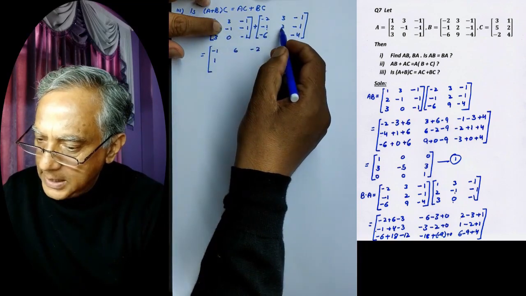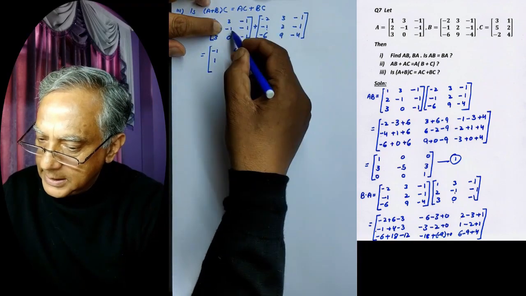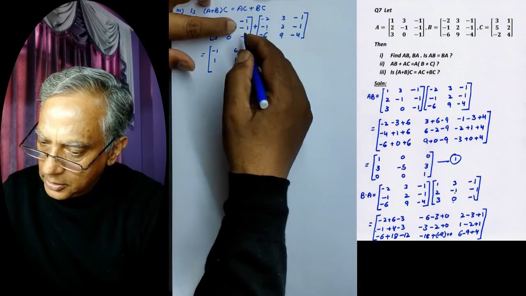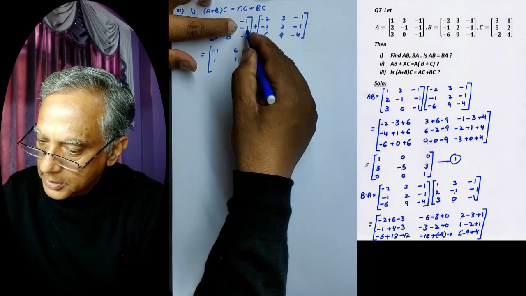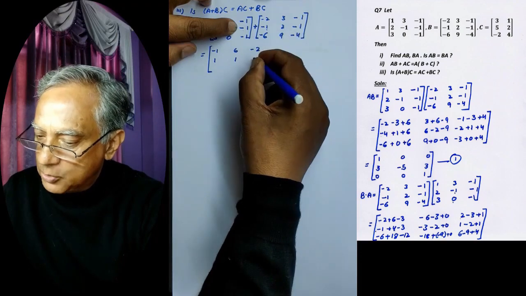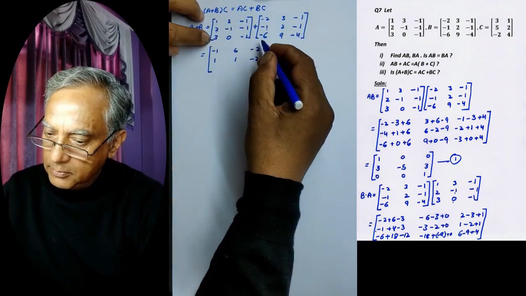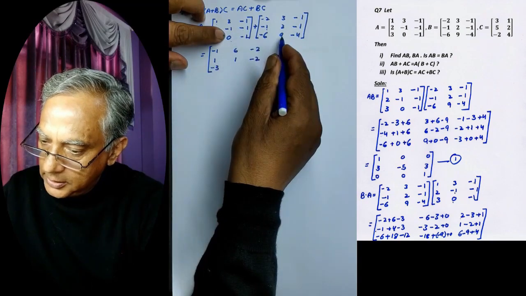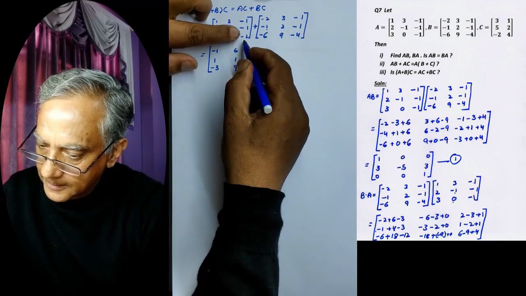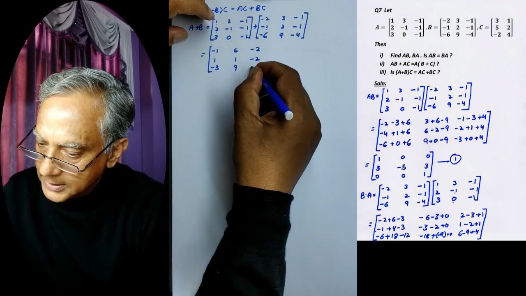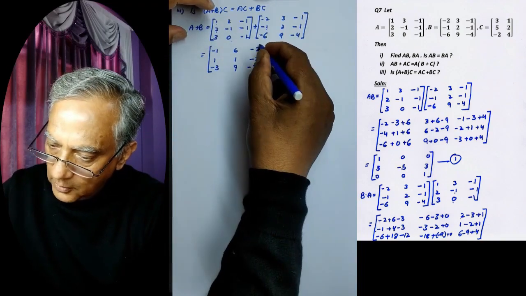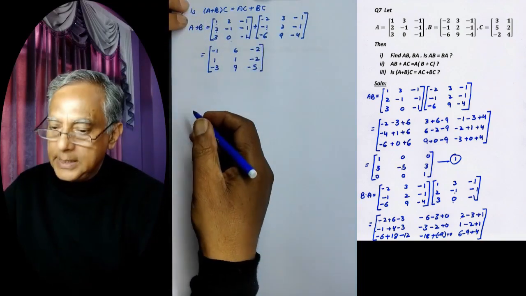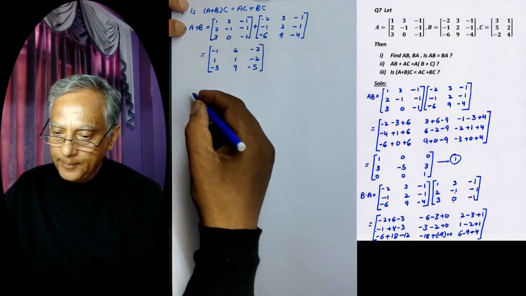Now empty at 2 place, empty at 2 place. So this is minus 1 plus 2. Minus 1 minus 1. Entries at the same place will be added. This is minus 2. 3 minus 6 minus 3. This plus this 9. This plus this minus 5. This is A plus B.